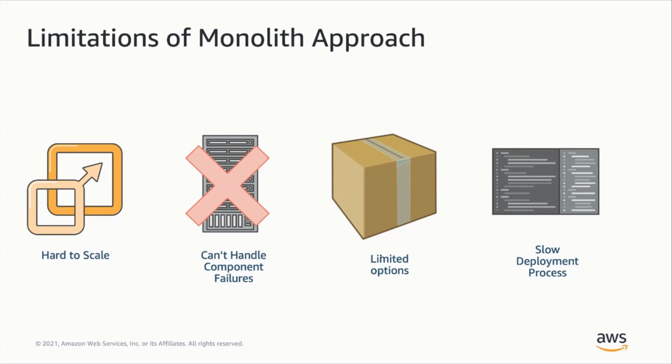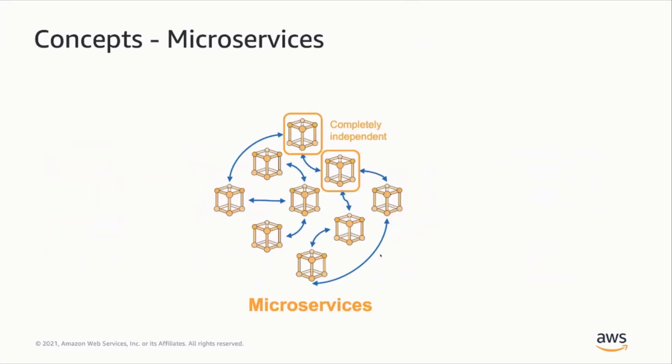And lastly, the fastest you can deploy in production is determined by the slowest development cycle of any given team. So it's not really well suited for innovation, where you have to develop and deploy your application fast. So these are the limitations. Now let's look at what a microservice is, how we can define services, and what the advantages are.